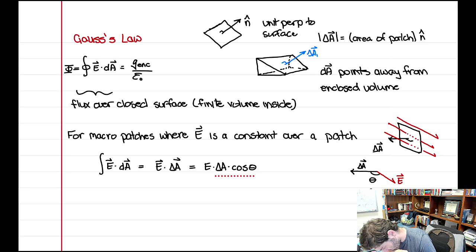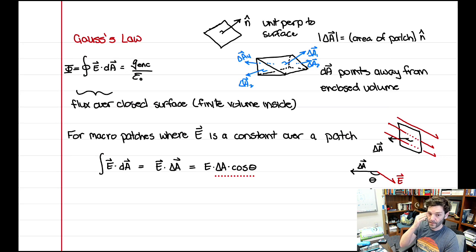There's this side, call that delta A2. There's the one in the back, delta A3, and then there's the one on the back side. I might call that delta A4.